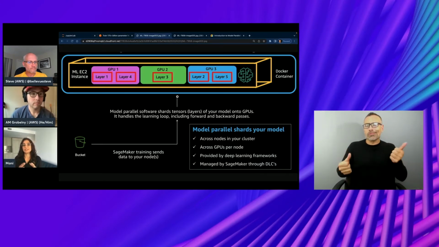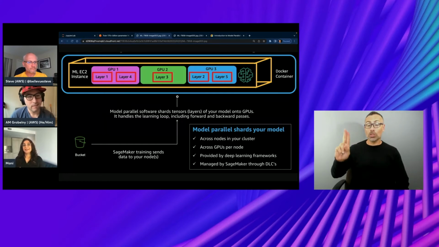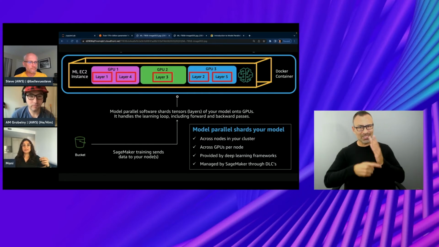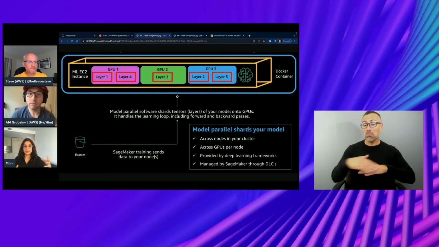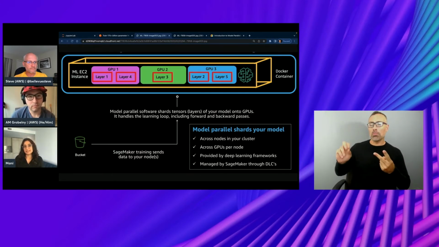So how do we decide which layer will go into what GPU? With SageMaker model parallel, you actually don't have to worry about that because you can choose to do automatic model partitioning. Behind the scenes, it will determine the architecture of your model, the entire model graph. It will then determine the number of parameters, weights, and tensors that it has.